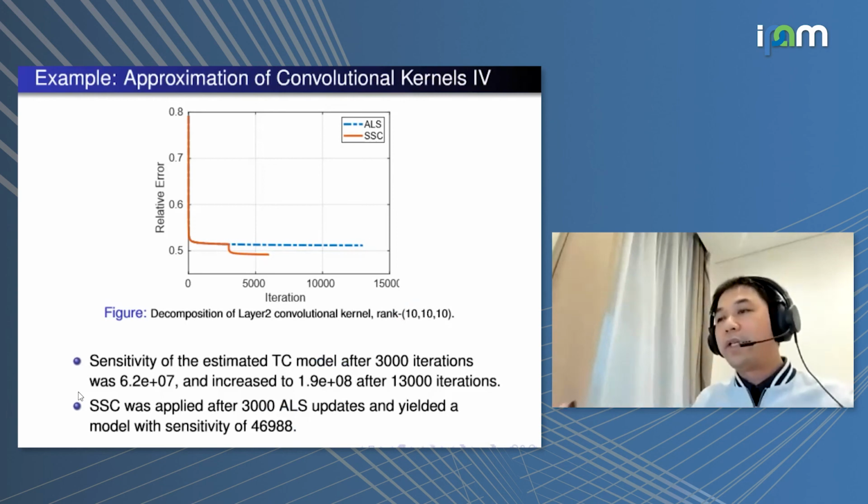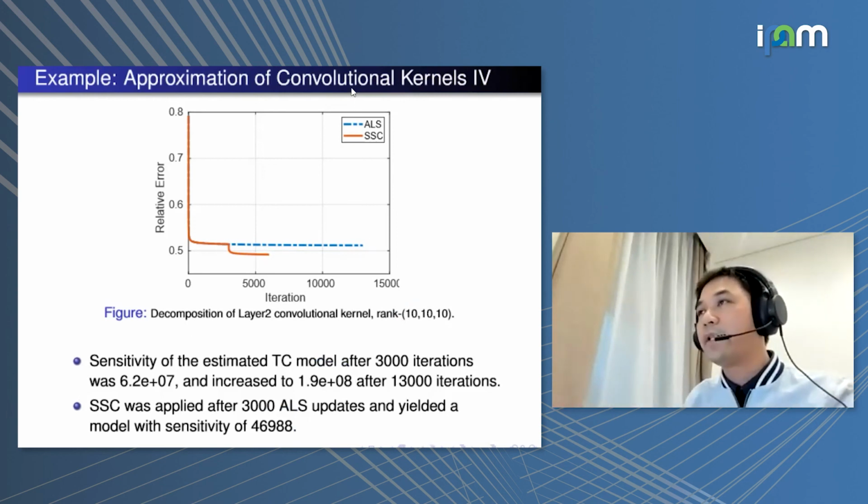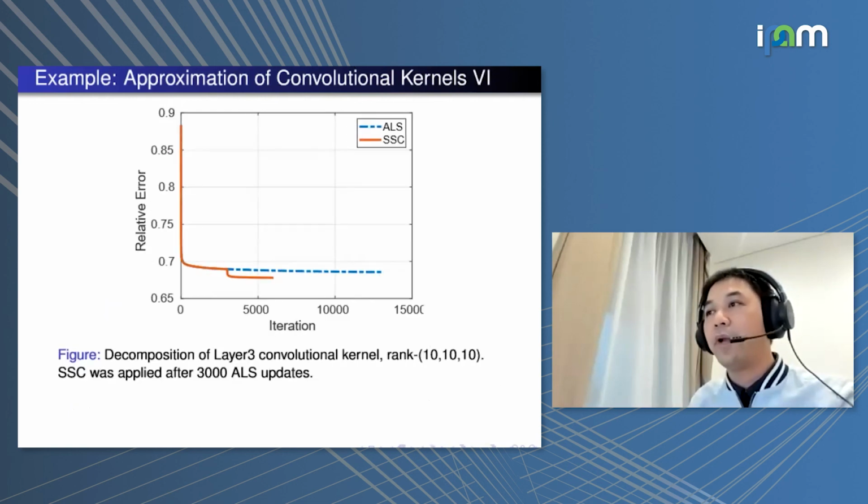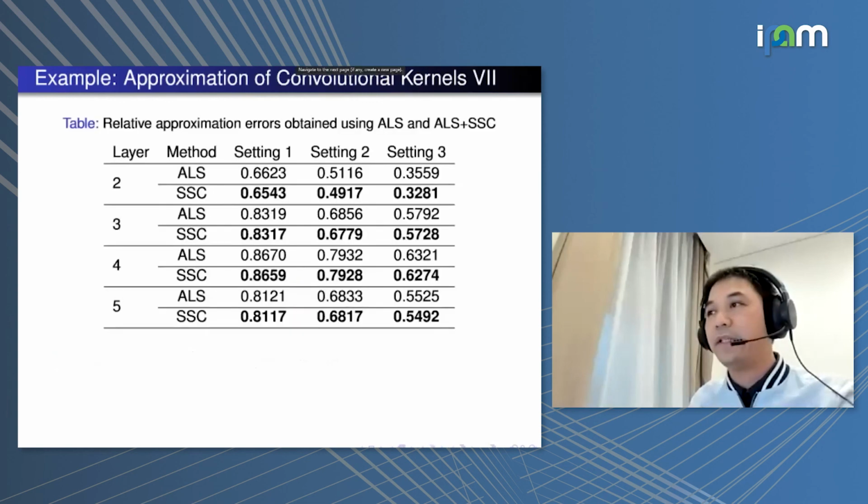We saw in one of our recent papers that when we apply the CP decomposition with very high sensitivity, the network cannot retrieve the original accuracy, because we need to fine-tune the network. So the benefit here is that we have a better approximation error, and then we have lower sensitivity.